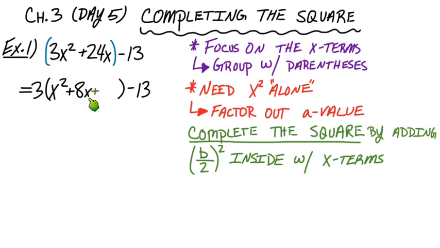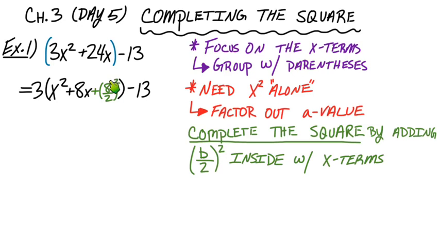Like, what's the number on this x term? If you think back to standard form, ax squared plus bx plus c, b is the number on this x term, so that's 8. So the trick is just add b over 2 squared inside there. So that's 8 over 2 squared. Yeah, that's an easy number, I know. We'll get to that. But here's the thing.